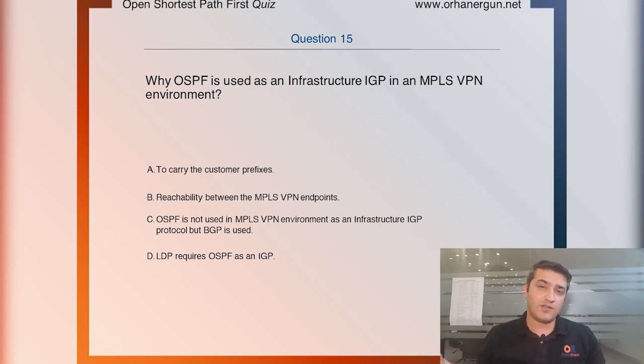So the VPN address family we will talk about. Customer prefixes are not carried by the infrastructure IGP, whatever it is, OSPF or IS-IS used in an MPLS VPN network. But if it's enterprise, EIGRP could be used as well. We will talk about it. But customer prefixes go with BGP, okay?